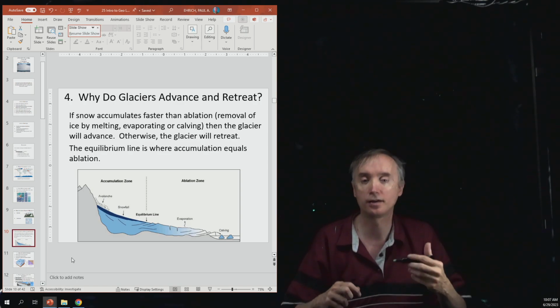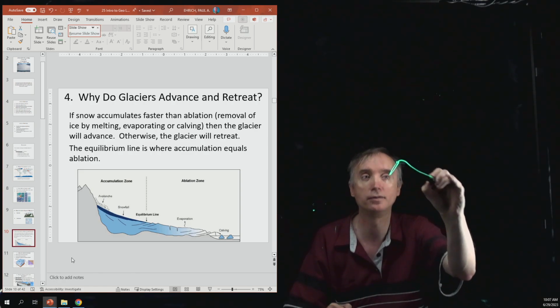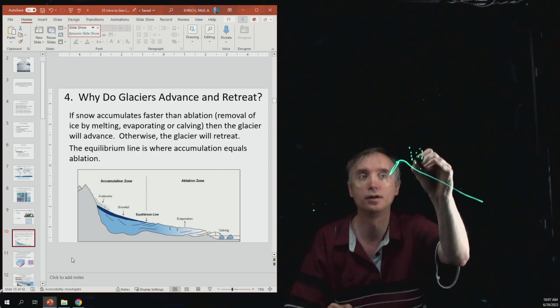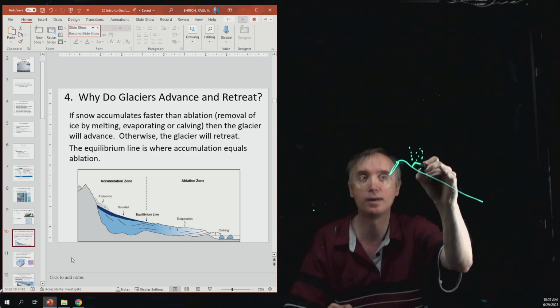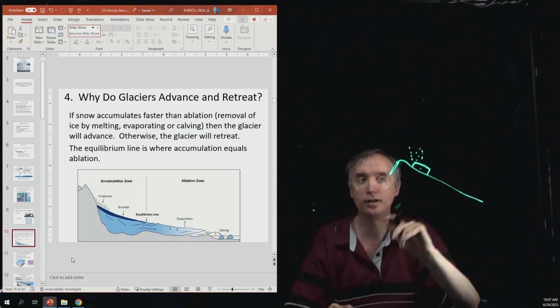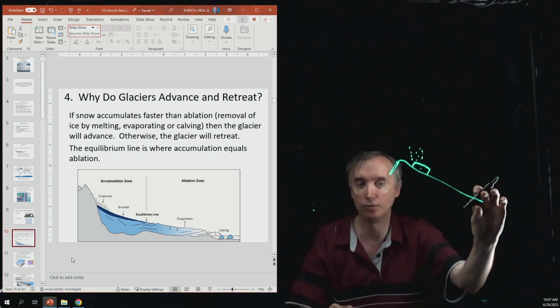So we said that glaciers begin as snow. So if this is a mountain, then up here, let's say that it's snowing, and so it starts to freeze and it begins to make a mound of ice up here. Okay, then gravity is going to be pulling that mound of ice down slope.